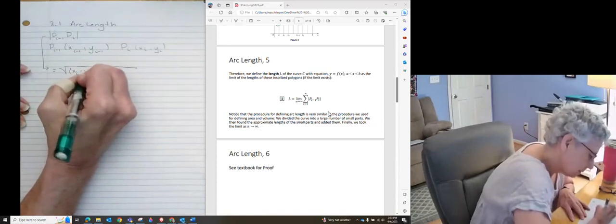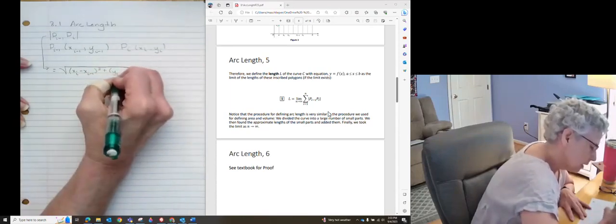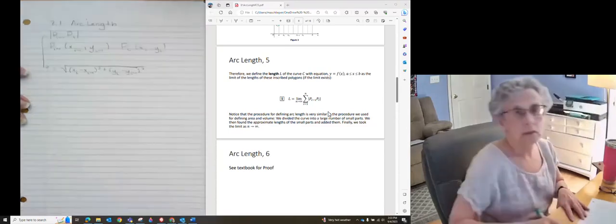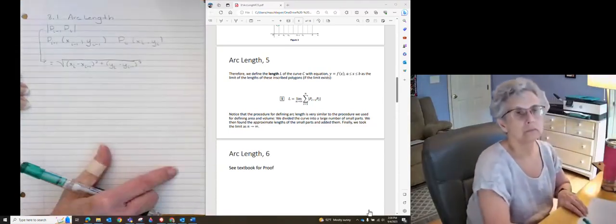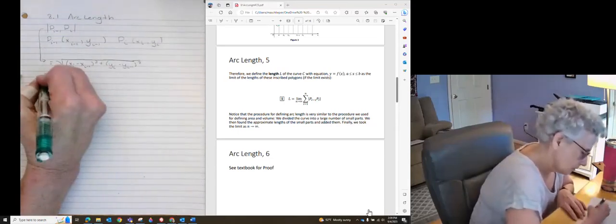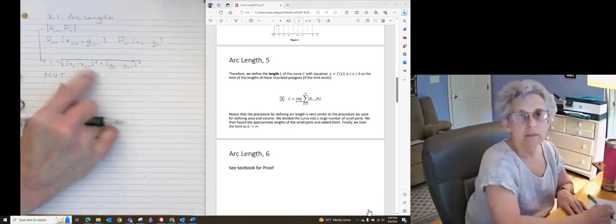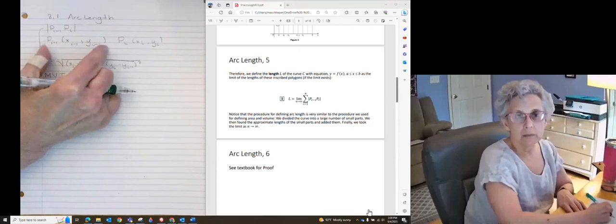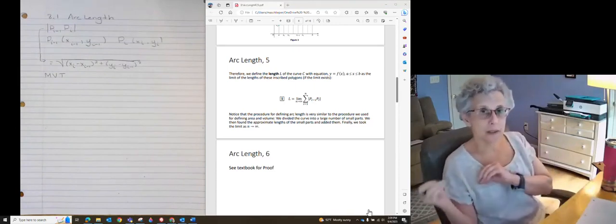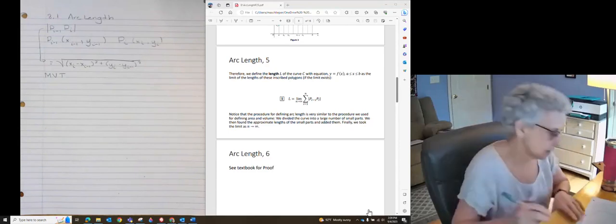So x sub I minus x sub I minus 1 squared plus y sub I minus y sub I minus 1 squared. Now the mean value theorem tells us that there is some special number that lives between p sub I and p sub I minus 1, such that the derivative at that point is equal to the slope of the secant line that connects the two endpoints.